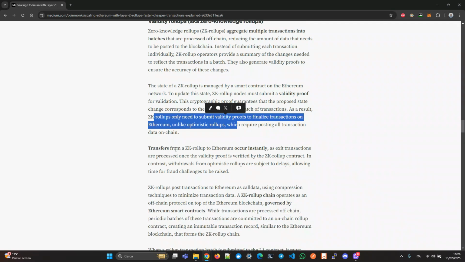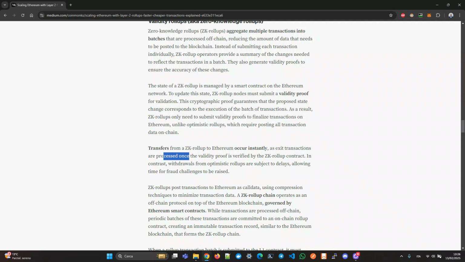So the transfer from zero knowledge rollup to Ethereum occurs instantly because exit transactions are processed once the validity proof is verified by the smart contract of the zero knowledge rollup.